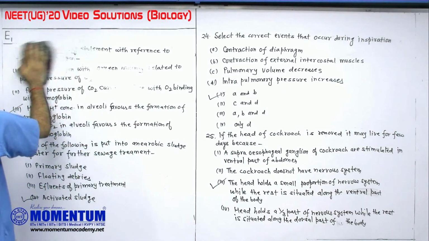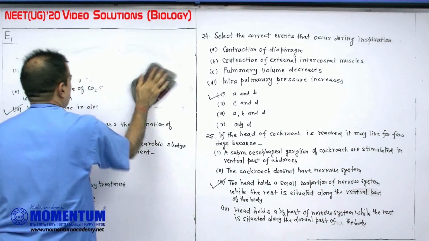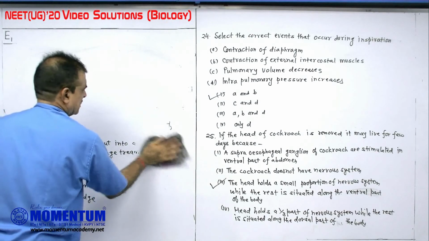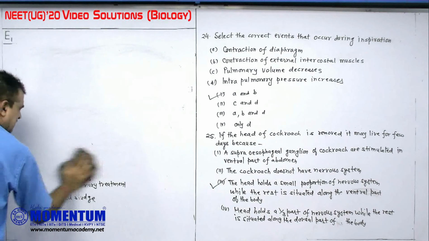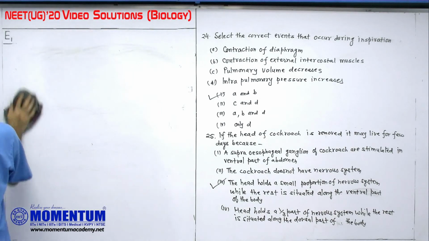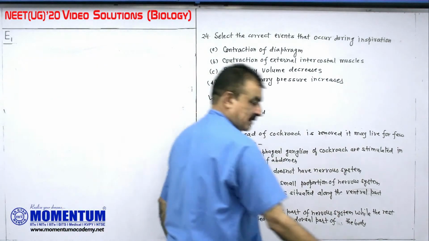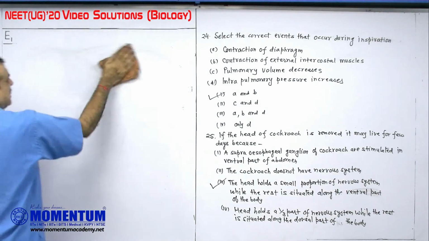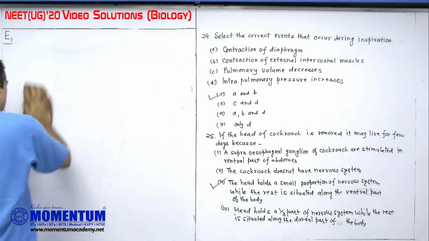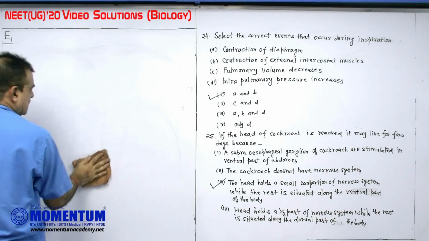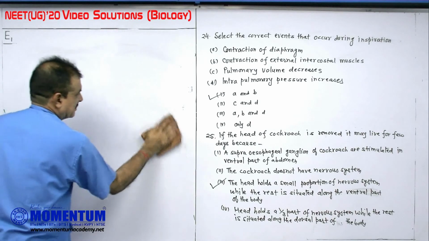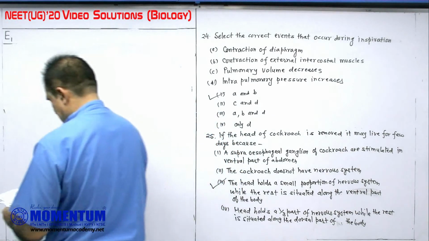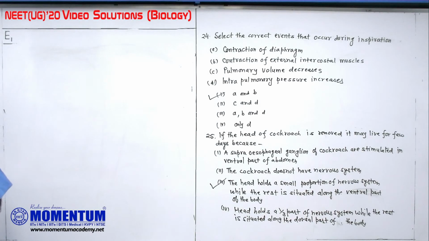So if we remove the head, most of the nervous system is still in the remaining part of the body, and that's why the cockroach does not die, because the larger part of the nervous system is present in the remaining part of the body.